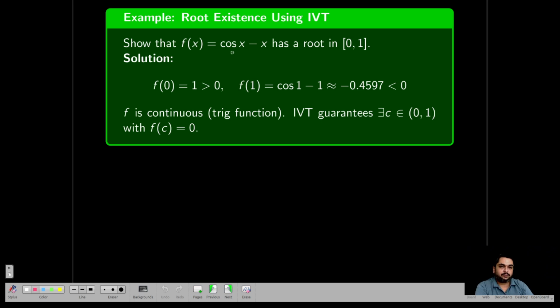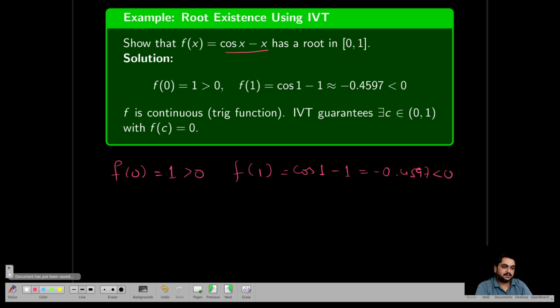Similarly, f of x equal to cos x minus x has a root in 0, 1. So f of 0 is equal to cos 0, which is 1, greater than 0. Similarly, f of 1 is equal to cos of 1 minus 1, that is approximately minus 0.4597, which is less than 0.